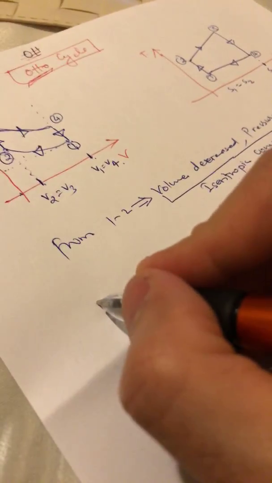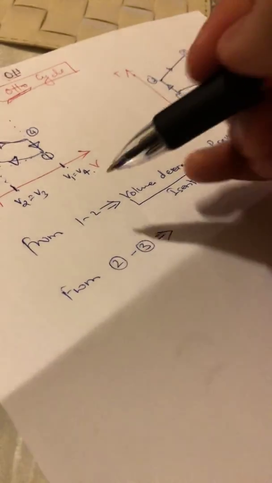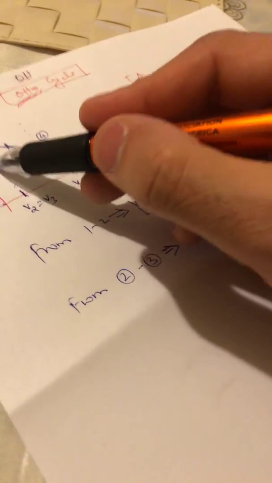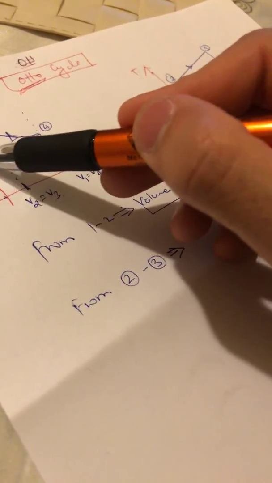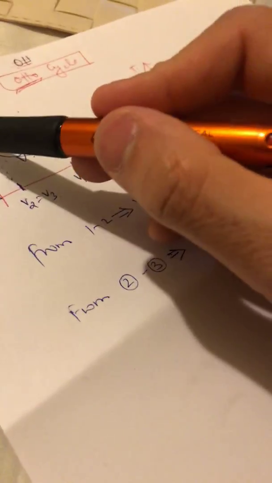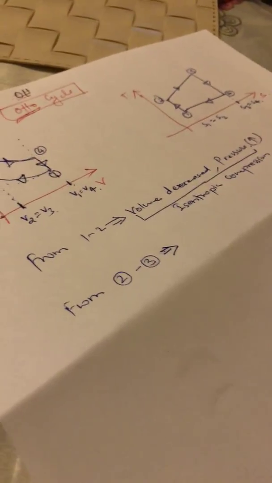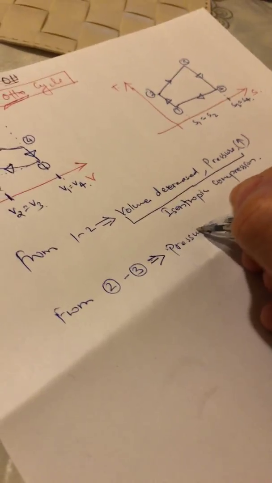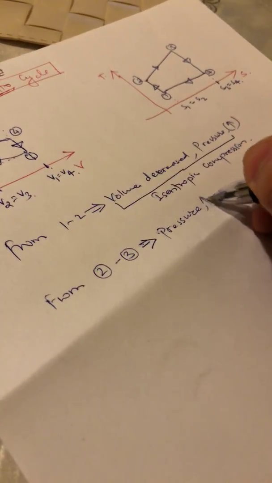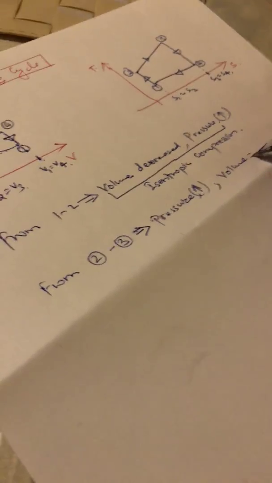So if we see from position 2 to 3, the volume remains the same. If you see here, V2 equals V3, but the pressure is going up. Pressure here is lower than the pressure in the third stage, meaning that as you go from stage 2 to stage 3, the pressure is increasing. So pressure is going up while volume is constant.